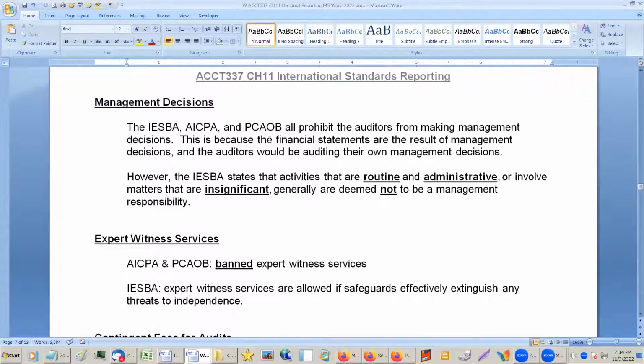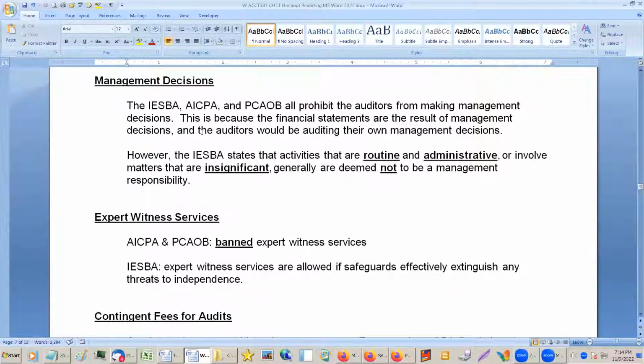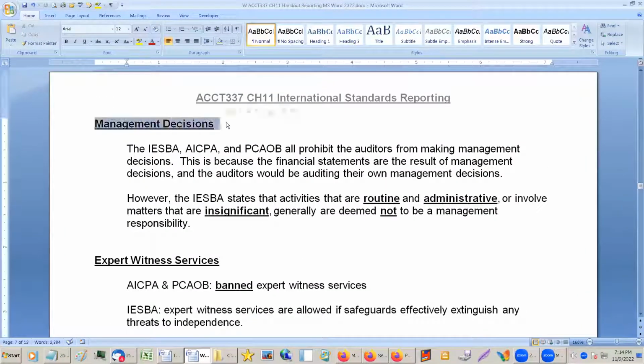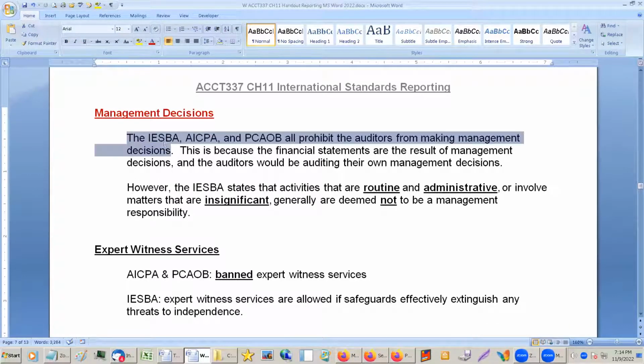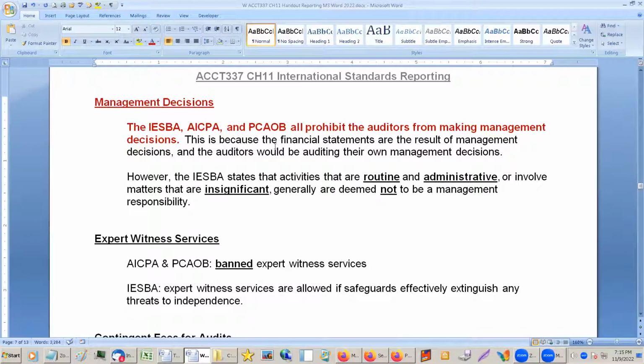Okay, go ahead and get started. A few more things. Management decisions. All of the international and US standards prohibit us from making management decisions. The reason is the financial statements are the result of management decisions, and you'd be auditing your own decisions.